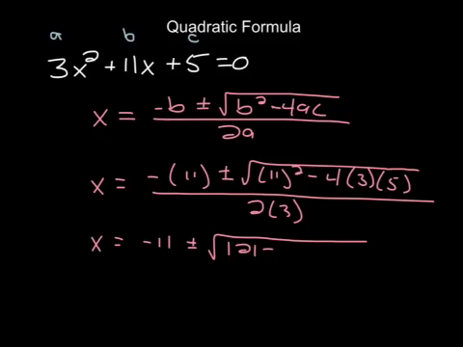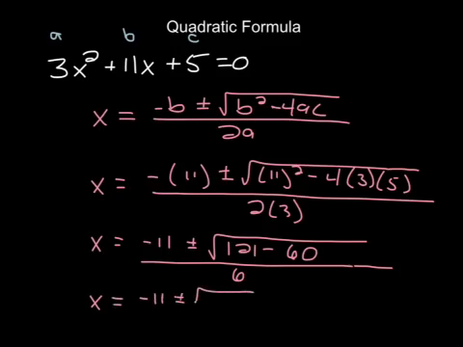Multiply that by 3 and get 60. Divided by 2 times 3, which is 6. And then this simplifies to negative 11 plus or minus the square root of 61 over 6.